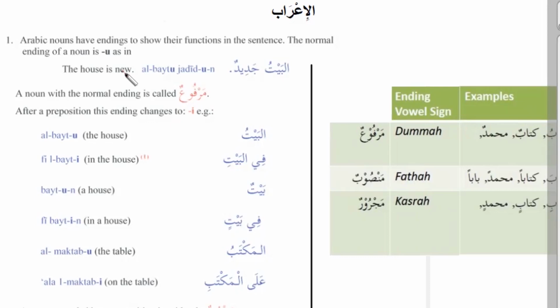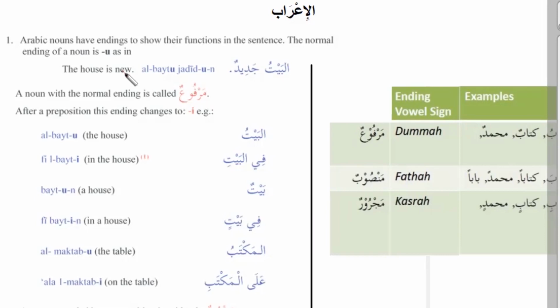All this means a book. But is there a difference between them? Yes. The changing of the last letter of a particular noun is what we term as i'rab.